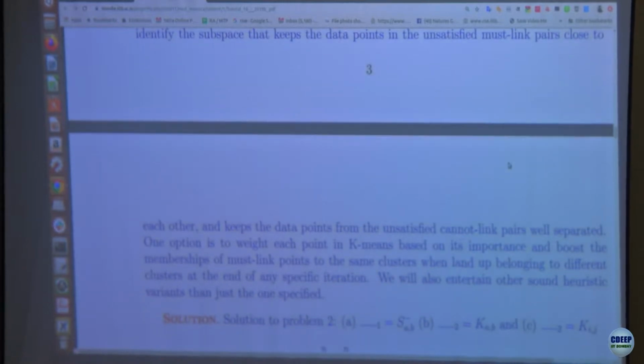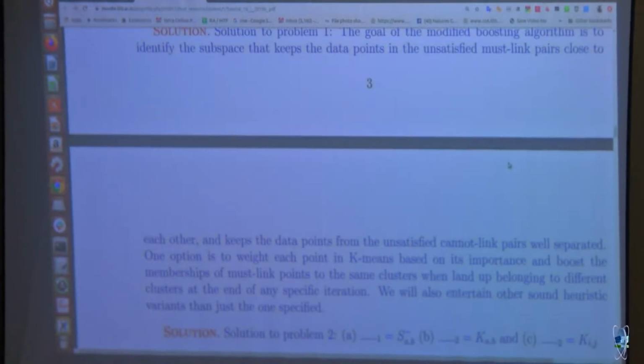And here's the idea. Let's say you have the k-means clustering algorithm. What you do here is identify a subspace that keeps data points in the unsatisfied must-link pairs close to each other. So cluster so that the must-link points come close to each other and the cannot-link points are far away from each other. You are basically weighing each point in k-means based on its importance and boosting the membership of must-link points to the same clusters. So must-link is boosted, especially when they land up in different clusters, right?